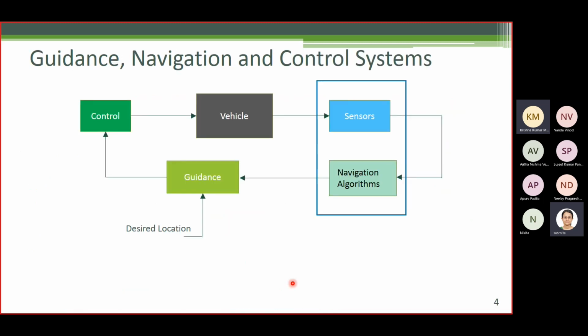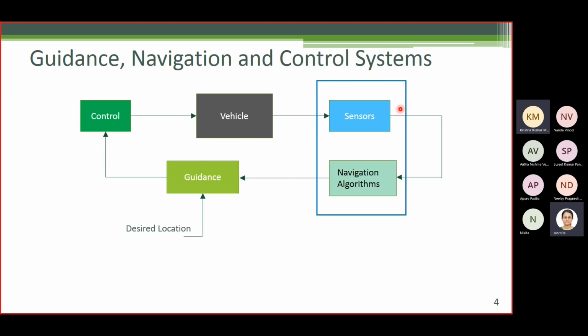So with this in mind, here we have a simple block diagram of these three important blocks: guidance, navigation, and control. Now, we are actually interested in this block in this class. Okay, so this is the navigation block. Inside the navigation block, we have sensors.